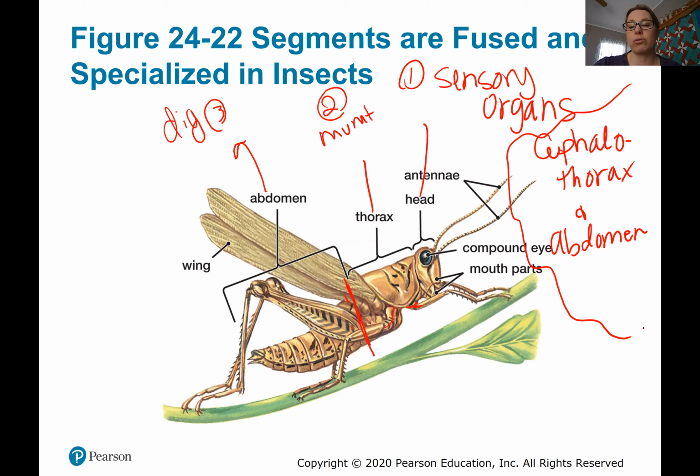They're basically one structure, and that's where the spider's legs will attach, and then they'll have an abdomen. But insects and most of the crustaceans will have those 3 different areas. And when you do the grasshopper dissection lab, you'll get to see those structures a little bit more in depth.